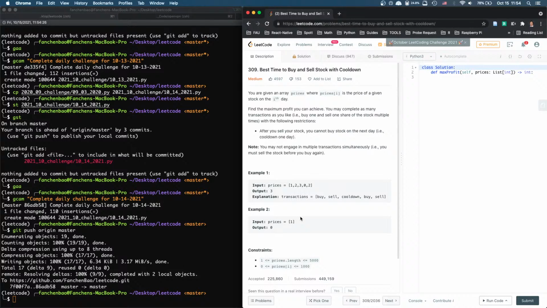So the transition from holding to cool down needs a sell. From cool down to empty, we don't have to do anything. I can just go from cool down to empty state. And from empty state, I can go to holding state by buying.